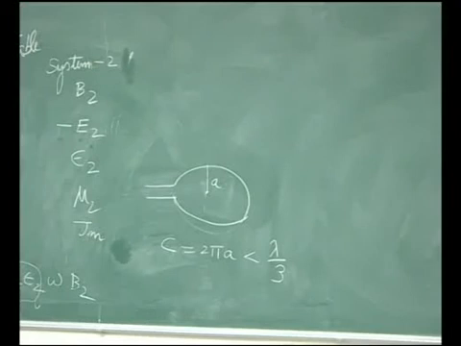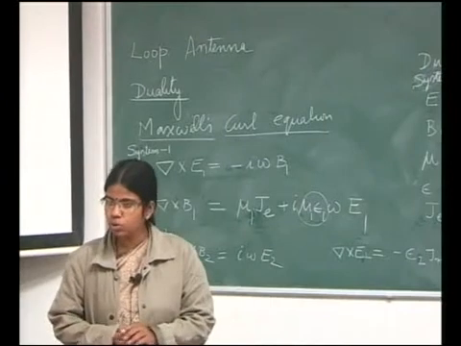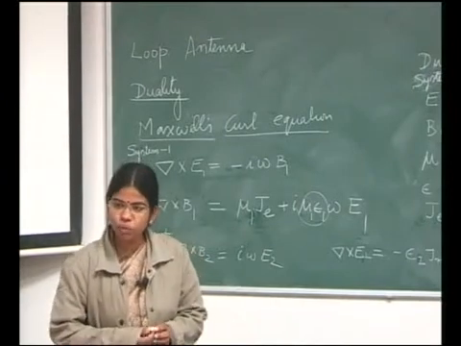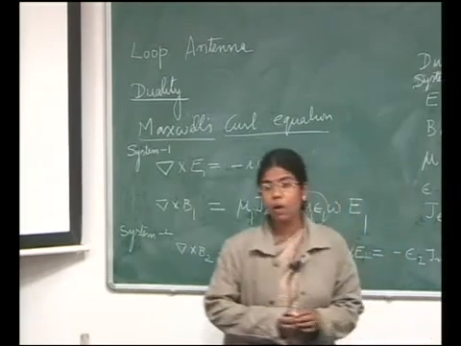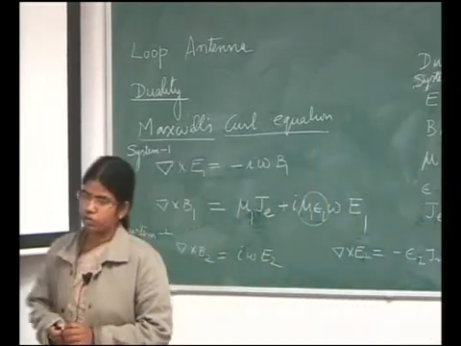So, whatever frequency you choose to work on, the length of the loop should be less than lambda by 3. If you happen to choose the length of the loop as lambda, such loops are called resonant loops. If the loop length is equal to one wavelength, then such loops are called resonant loops.